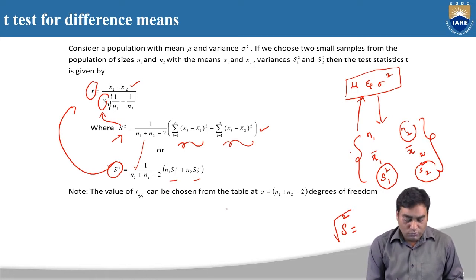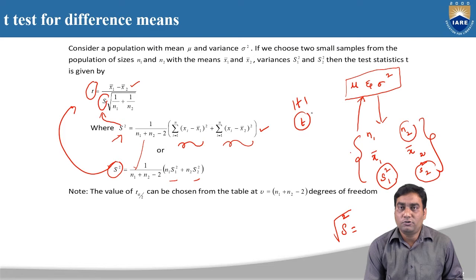So now this is the test statistic t value, and the tabulated value t alpha by 2 we can choose from the t distribution table with n1 plus n2 minus 2 degrees of freedom. The symbol of degrees of freedom is nu, which in this t-test is n1 plus n2 minus 2.